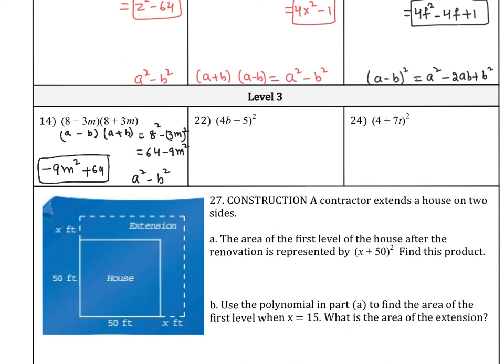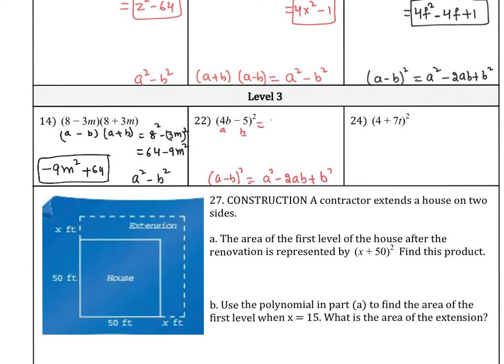Next, you're going to apply the (a − b)² formula. So the (a − b)² formula is a² − 2ab + b², where a is going to be 4b and b is 5.